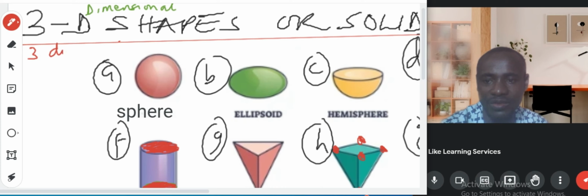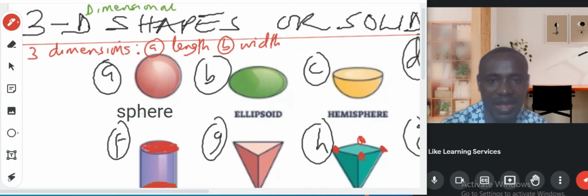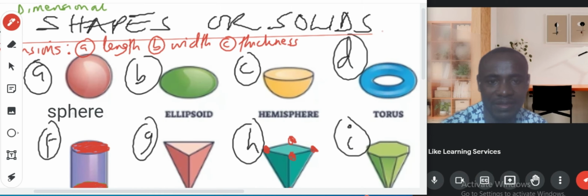3 dimensions, which are A, length, B, width or breadth, if you like, and C, thickness or height, if you like.